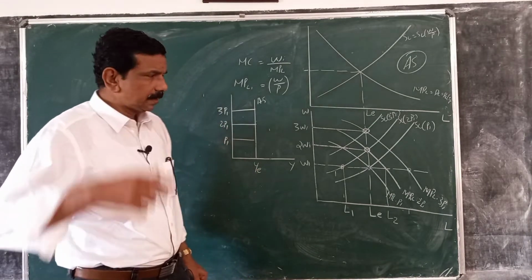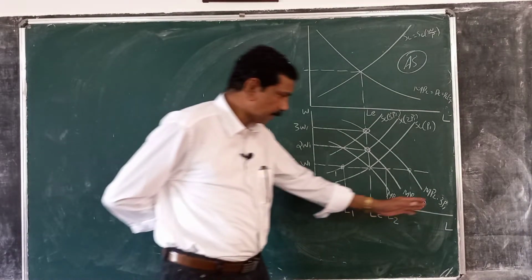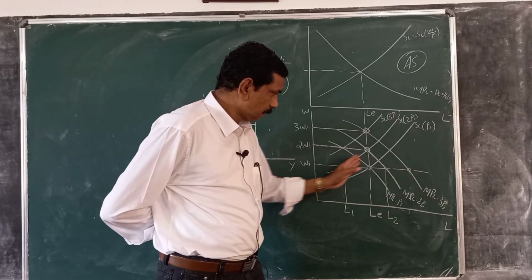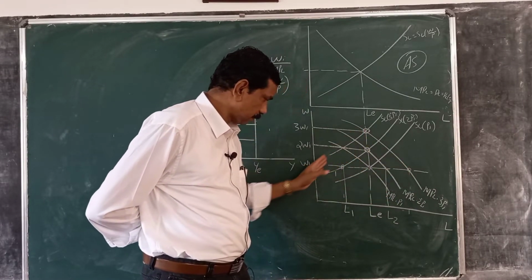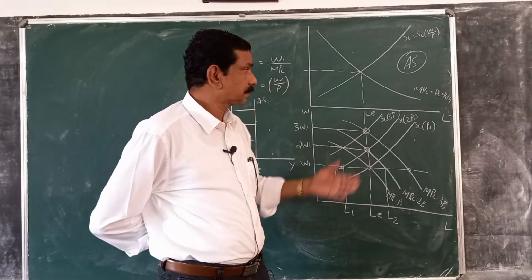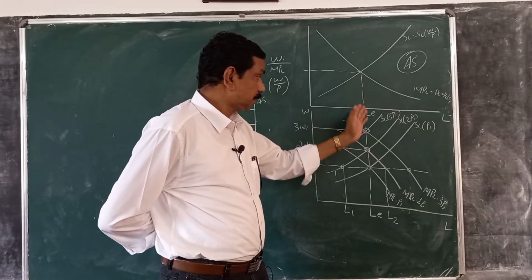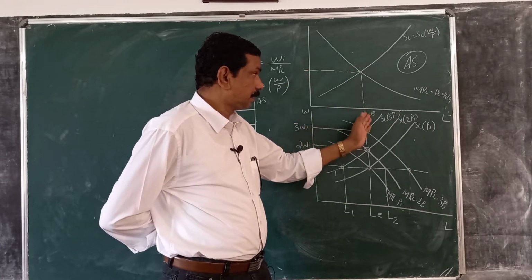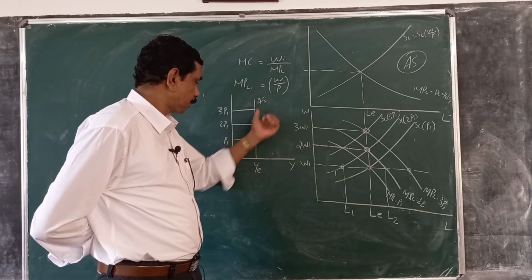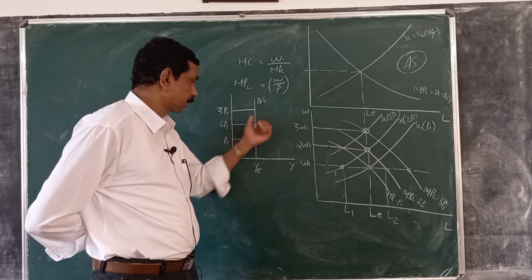The same analysis holds if the price becomes 3 P1. There is an excess demand, and competition between firms bids up prices until the real wage is again restored at W by P and LE, and the corresponding level of output is YE at 3 P1.